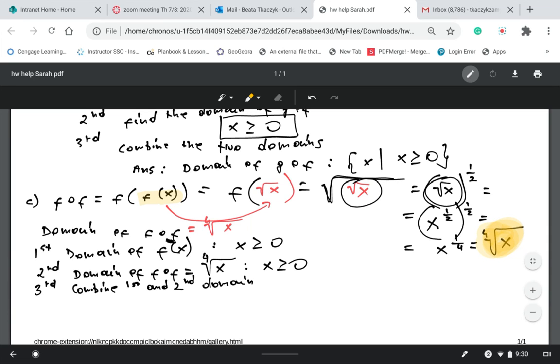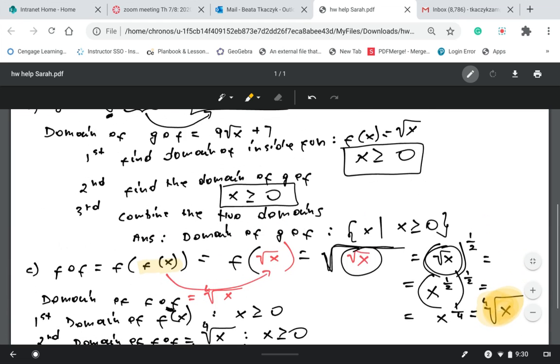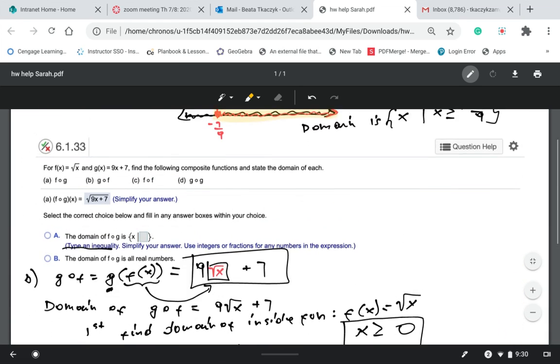We're combining those two domains together, so you will get that the domain of f composed with f is all the x's such that x is greater than or equal to 0, because we combined those two together. And the last part of this homework was part D.